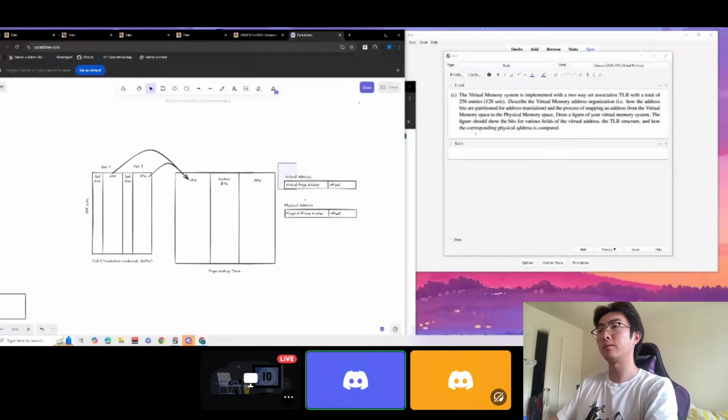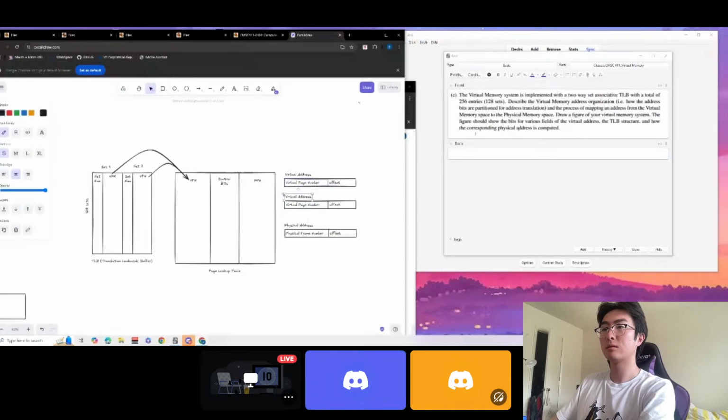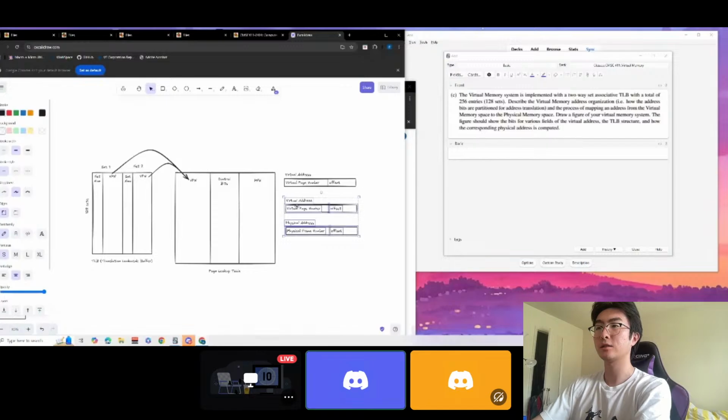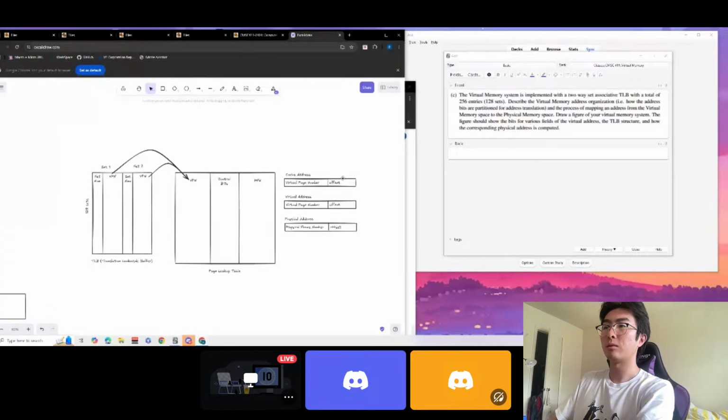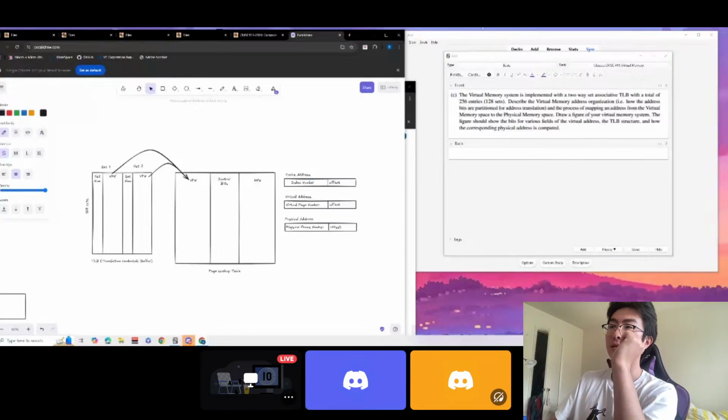I actually don't know what that number could be. Okay. So this should be our cache address. We want offset. I'd imagine we get an index number, and then maybe a tag as well.